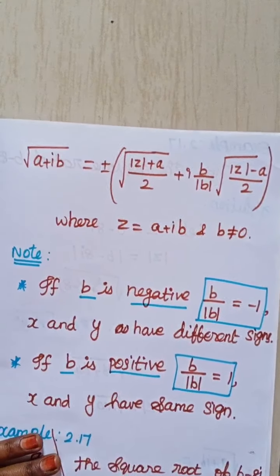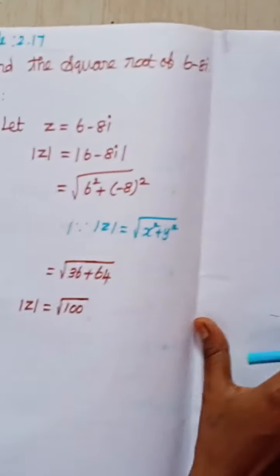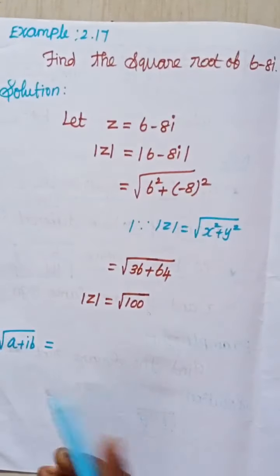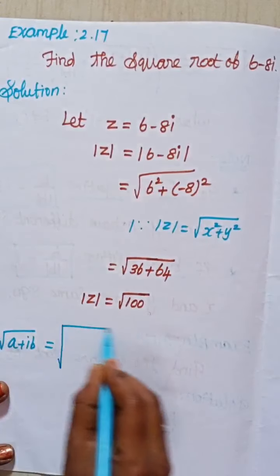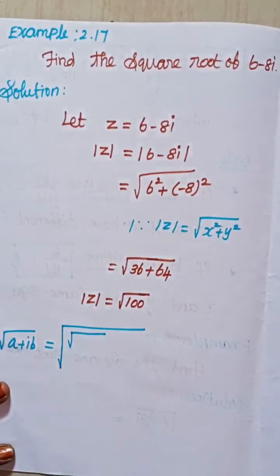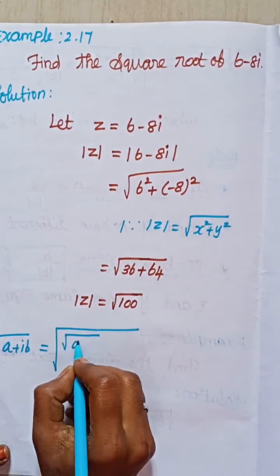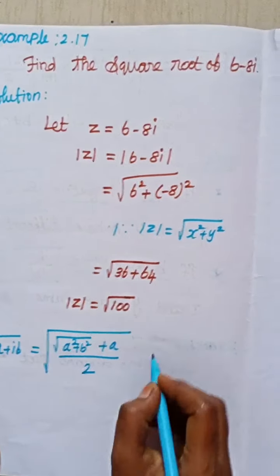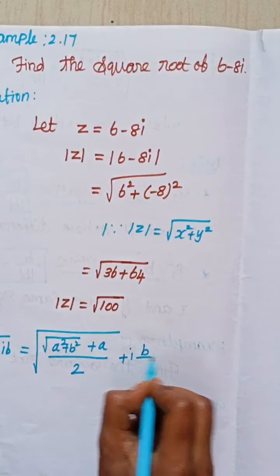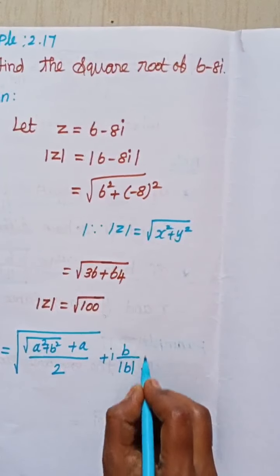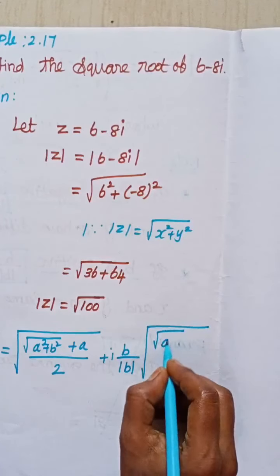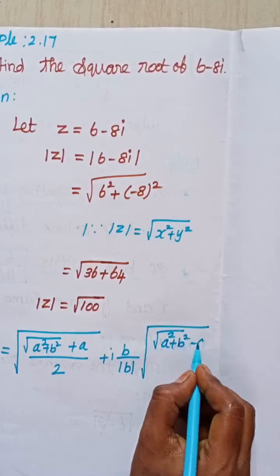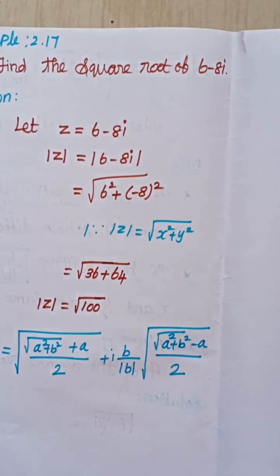Once again, say the formula. Square root of a plus ib equals square root of (square root of a square plus b square, plus a) by 2, plus i into b by modulus b, square root of (square root of a square plus b square, minus a) by 2.